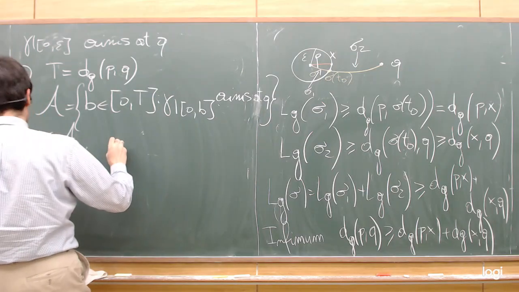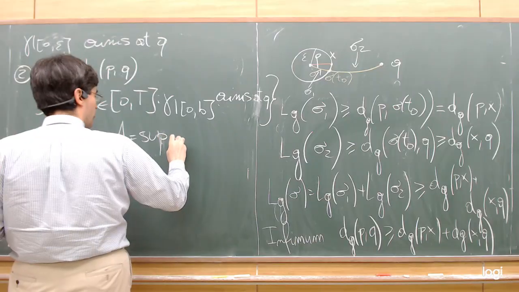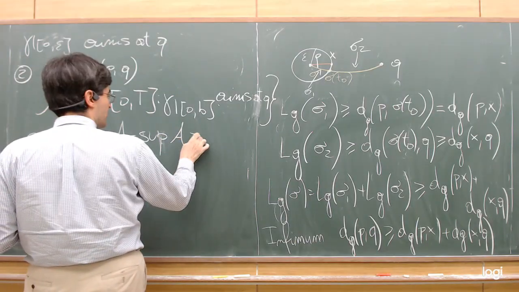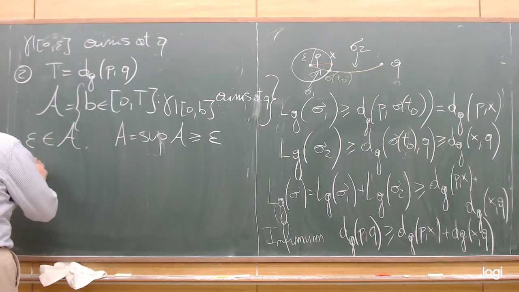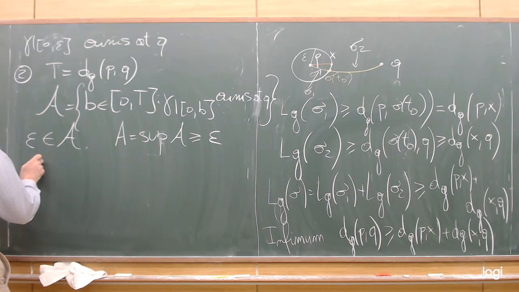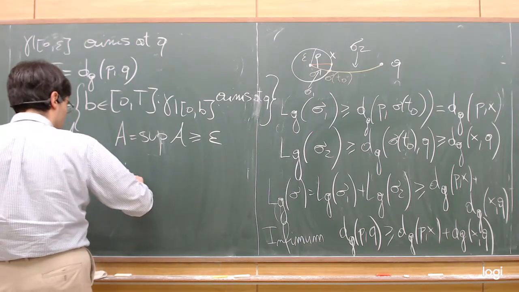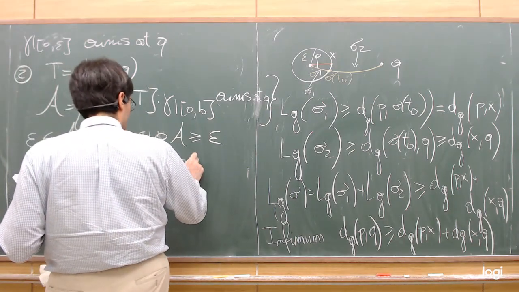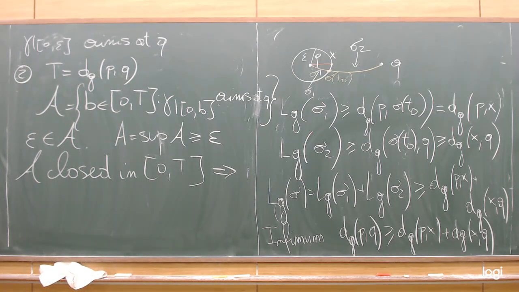We define A to be the supremum of the set A. Clearly this is larger or equal to epsilon. And we can observe that this set is closed in [0, T] by continuity of the distance function.